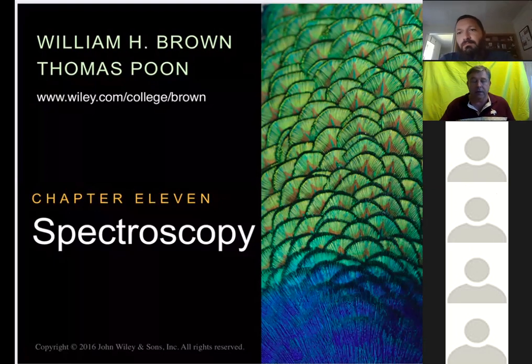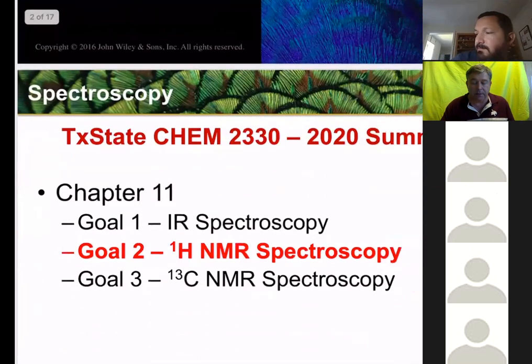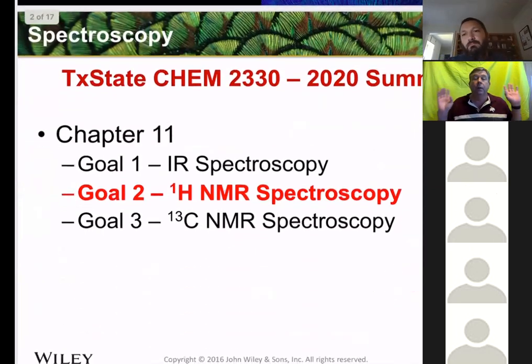Let's continue on with our spectroscopy, specifically goal number 2, proton NMR spectroscopy. IR is all about the actual bond between two atoms and its vibration, and that it absorbs that energy. So if IR is all about the bond energy, proton NMR is all about looking at the different kinds of hydrogens you have on a compound.